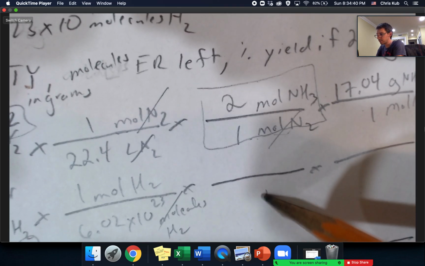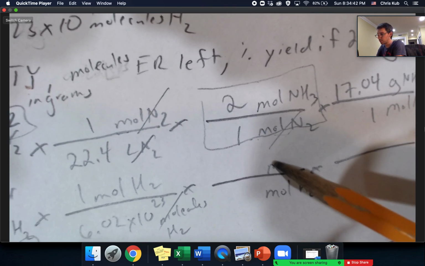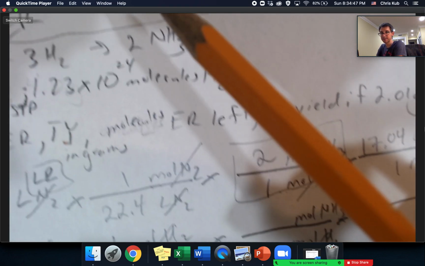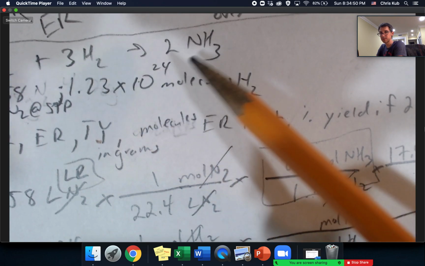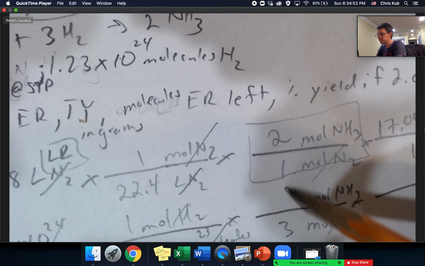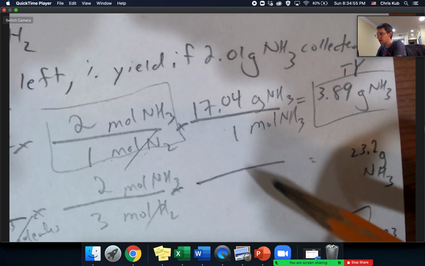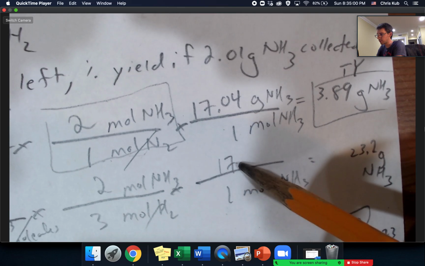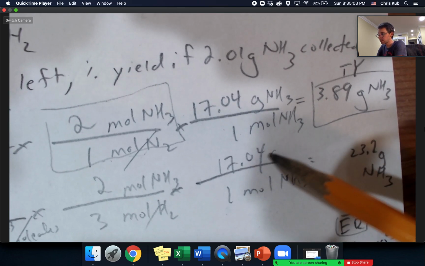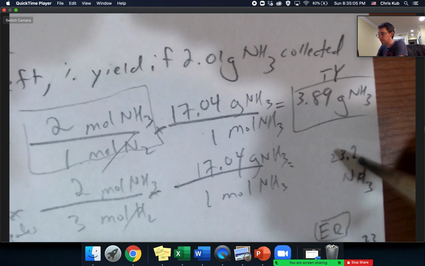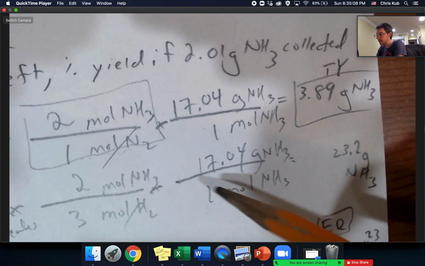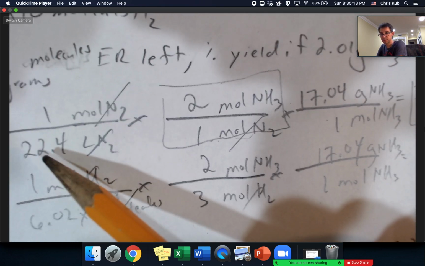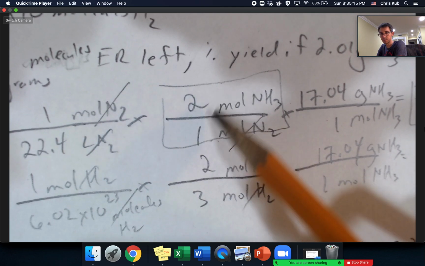And now to get from moles of H2 into moles of NH3, we can use the balanced chemical equation, for every 3 moles of H2, there's 2 moles of NH3. And then for every 1 mole of NH3, there are 17.04 grams of NH3. It's pretty much always going to be 1 in front of moles, except in mole-mole ratios.